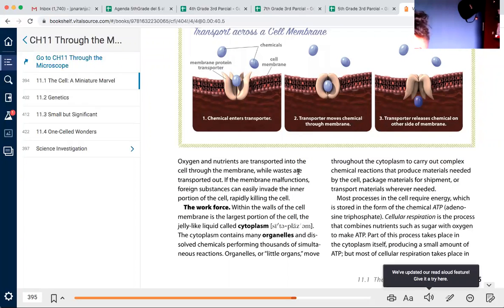Most processes in the cell require energy, which is stored in the form of the chemical ATP, adenosine triphosphate. Cellular respiration is the process that combines nutrients such as sugar with oxygen to make ATP. Part of this process takes place in the cytoplasm itself, producing a small amount of ATP, but most of cellular respiration takes place in. Right?